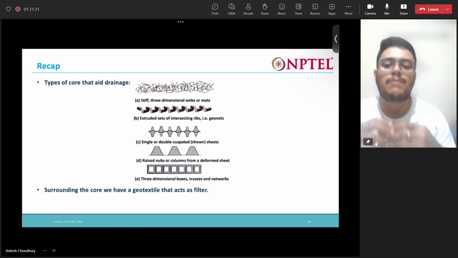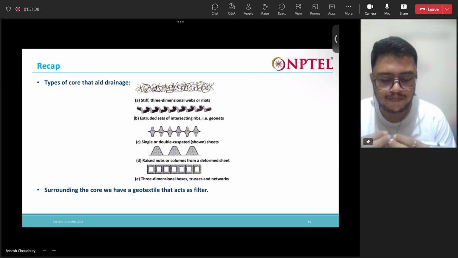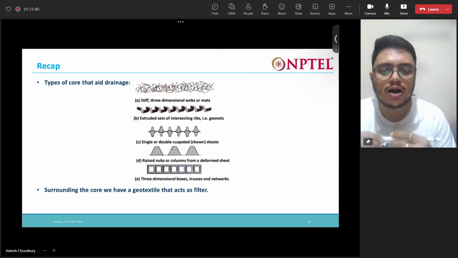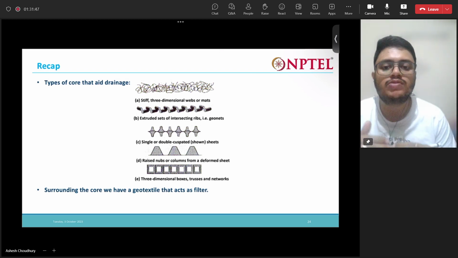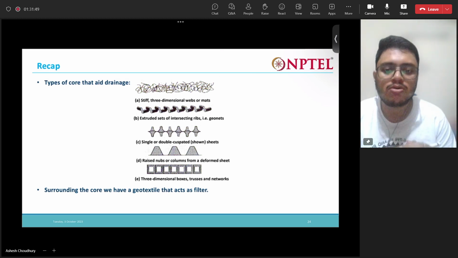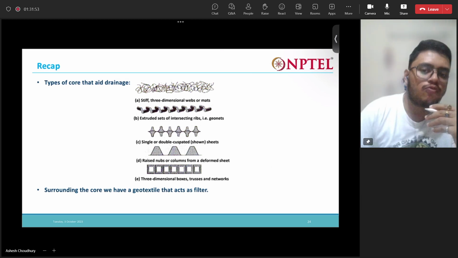So generally what happens in drainage applications, there we have a core, a core of geosynthetic material. This core actually helps in the drainage of the flow of water through it. That core carries the water through it and aids in the flow of water.